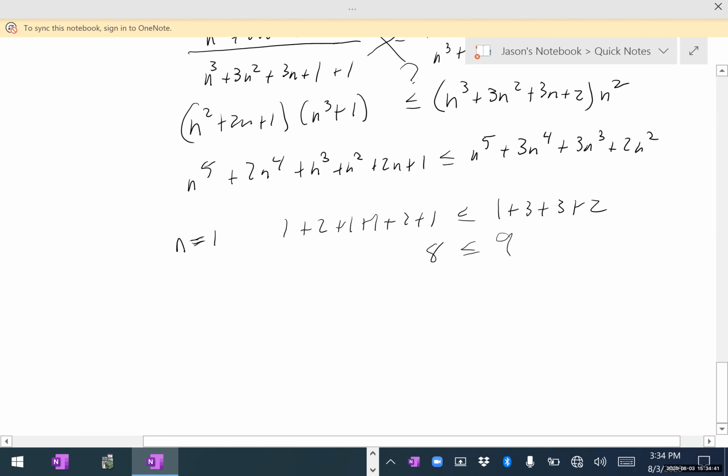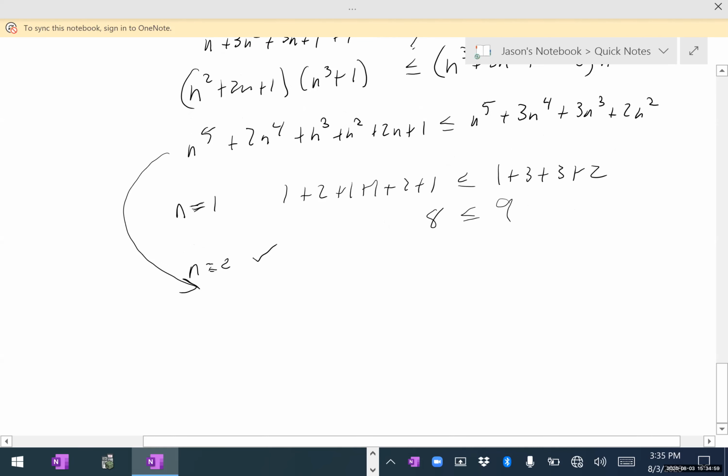Yeah, this is kind of interesting. So let's solve this thing algebraically real quick. We could go for n equals 2 as well, but we're going to see that it's true. I could plug in n equals 2 here, but let's just see if we can manipulate this algebraically and see what's going on here.